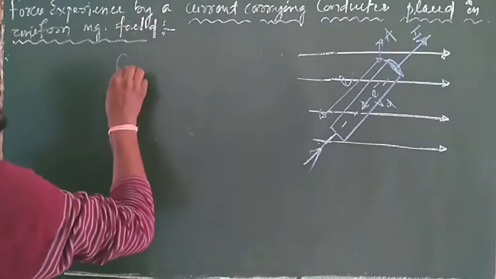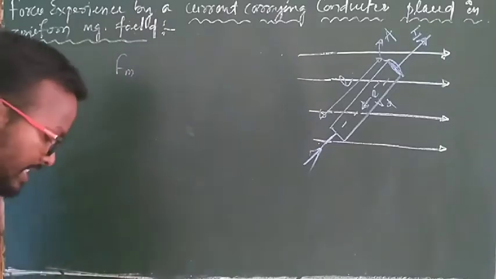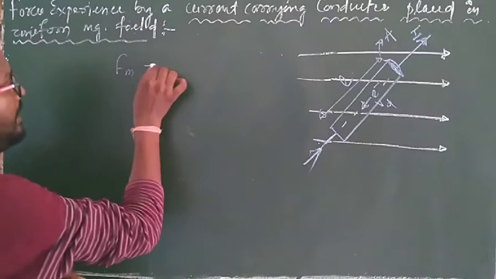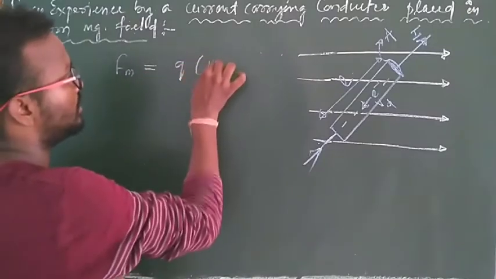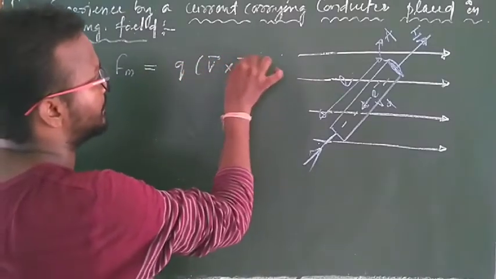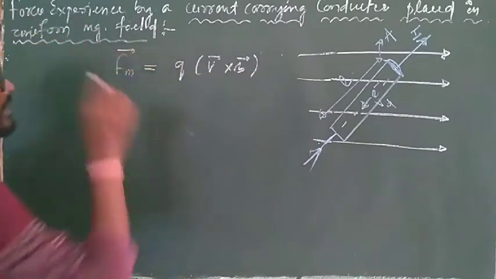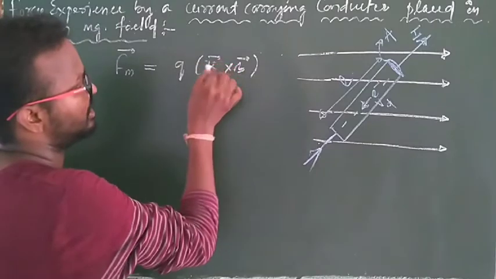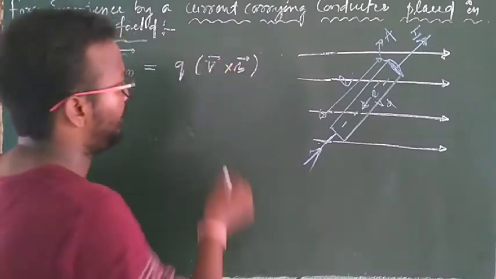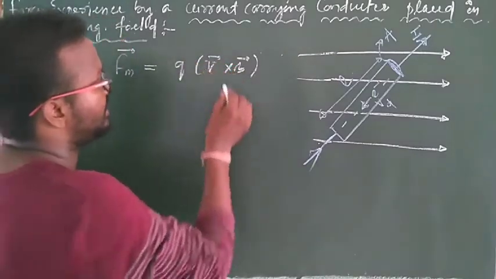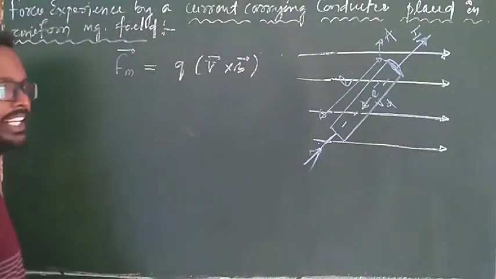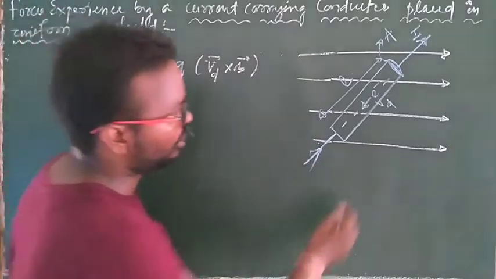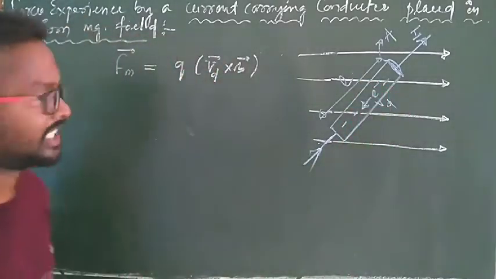Fm means the magnetic force experienced by a moving charge particle placed in a uniform magnetic field, that is q into v cross B. That is the magnetic field. Clear? And what is v? v means the velocity of the charge particle moving inside the uniform magnetic field, or we can write it as the drift velocity of the charge particle. But here we consider a negative charge particle, or electron.